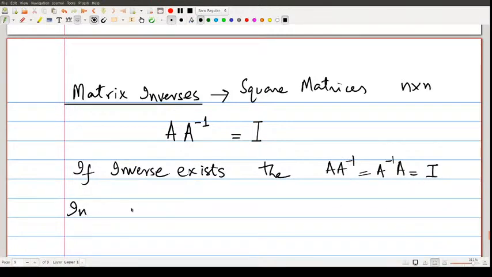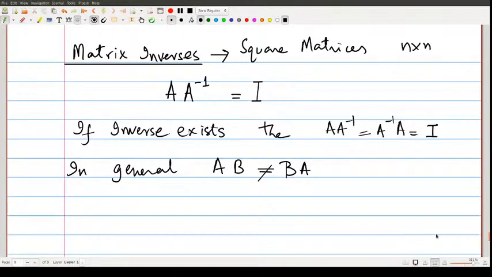You should know that in general, if you take a matrix A times a matrix B, that's not always equal to matrix B times matrix A, because the view is different.